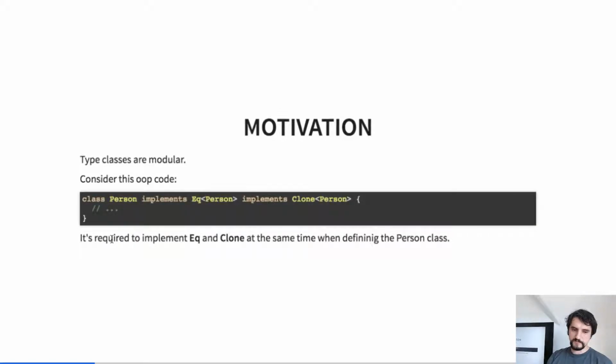Then, type classes are very modular. That's actually the same point that I already made, but maybe this is more clear in this example, because in object-oriented programming you have to implement all the interfaces at the same time where you define your data type.